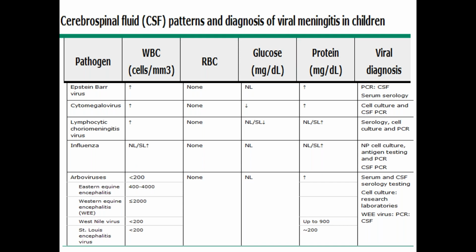Then there are other etiologies like Epstein-Barr virus. Suppose you have a patient who has come to you with infectious mononucleosis with the Alice in Wonderland syndrome. In this particular case, the patient has metamorphopsia and has aseptic meningitis. So in this case, you can do a PCR in the CSF.